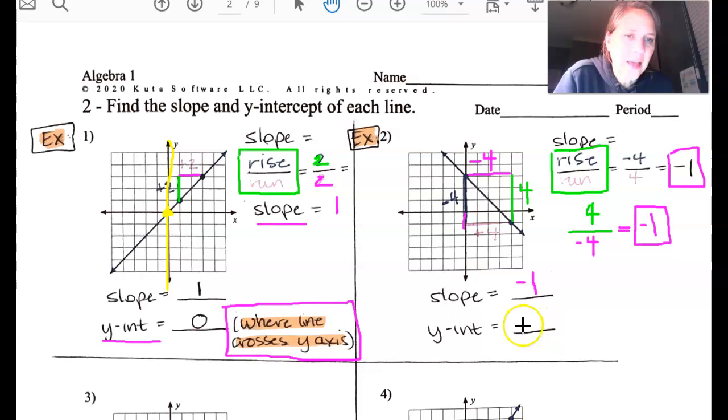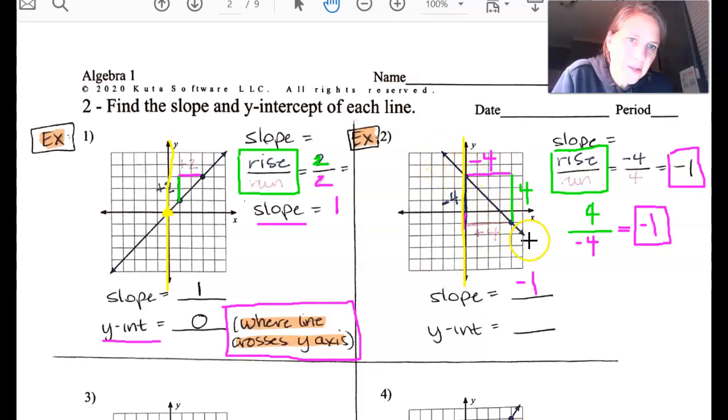And then the y-intercept, well, that's where the line crosses the y-axis. So let's draw our y-axis in again. So here's our y-axis. So where does our line cross the y-axis? I'm going to do that in a different color this time.